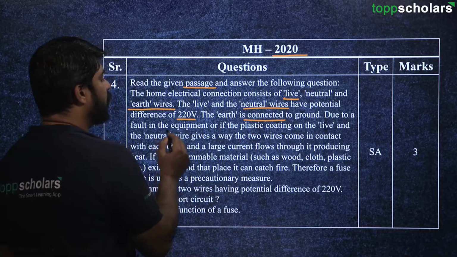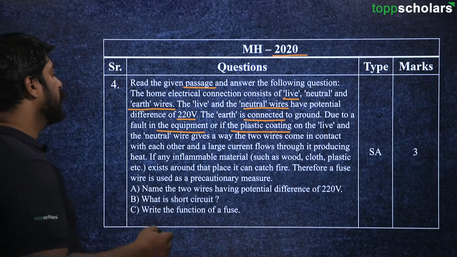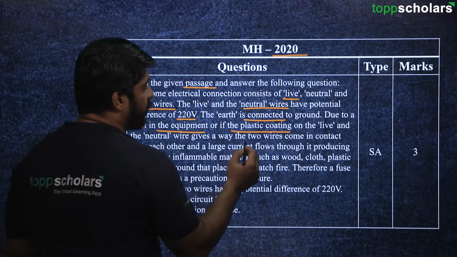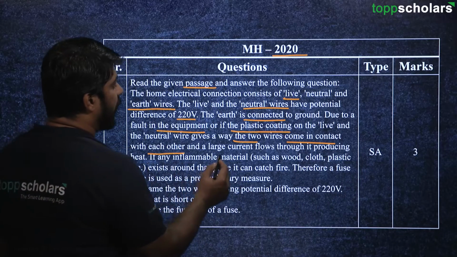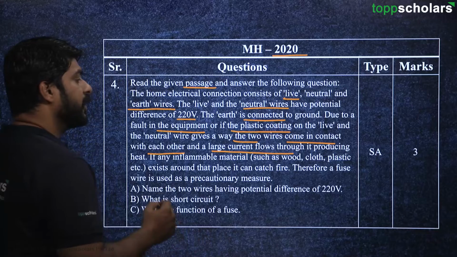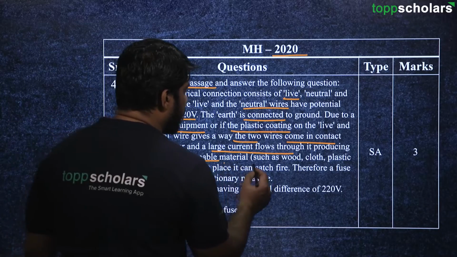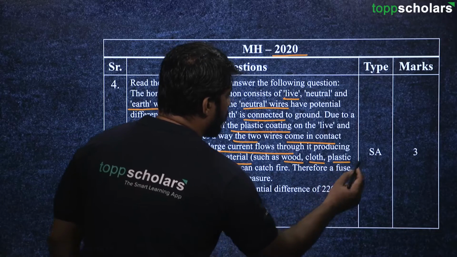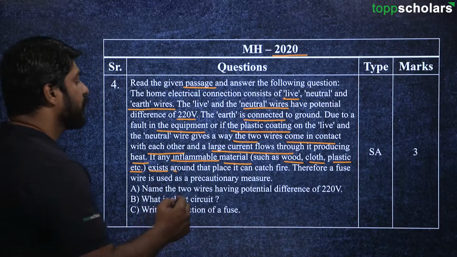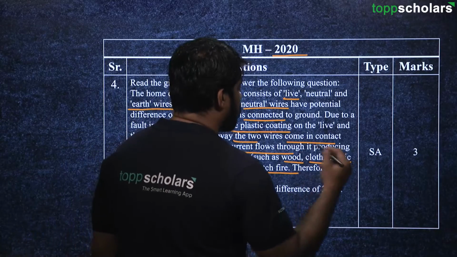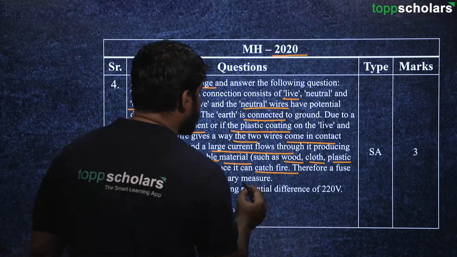Due to a fault in the equipment, or if the plastic coating on the live and neutral wire gives way, the 2 wires come in contact with each other and a large current flows through it, producing heat. If any inflammable material such as wood, cloth, plastic, etc. exists around that place, it can catch fire. Therefore, a fuse wire is used as a precautionary measure.